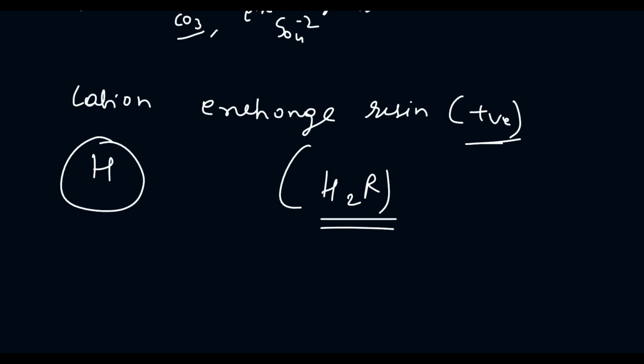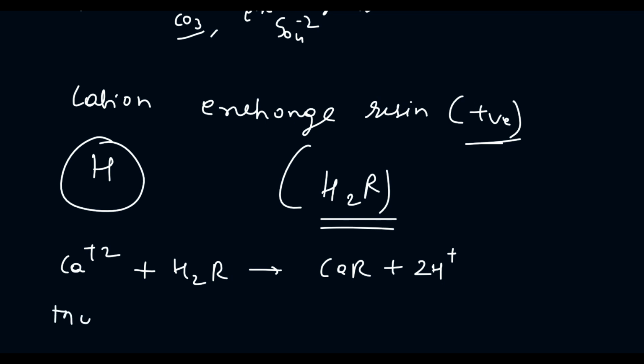So the process taking place in that: suppose Ca+2 plus H2R gives us CaR plus 2H+ ions.